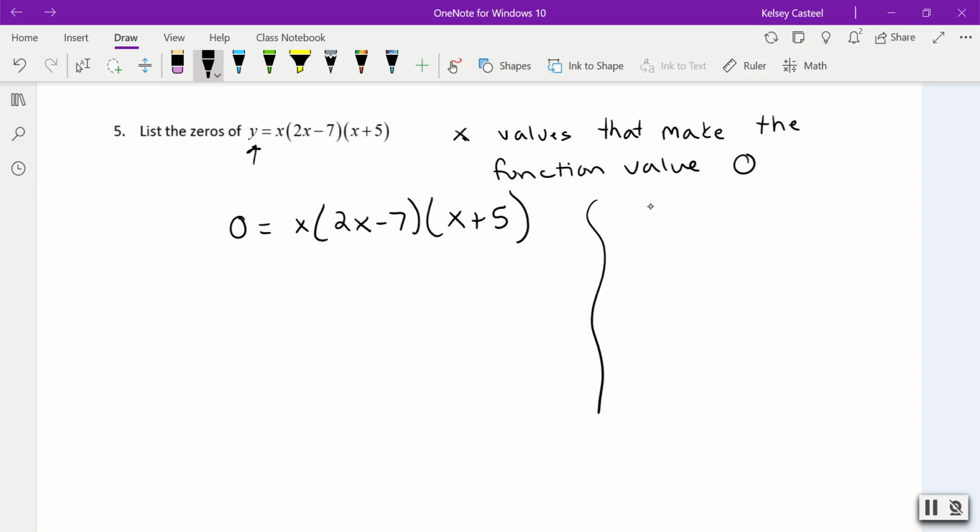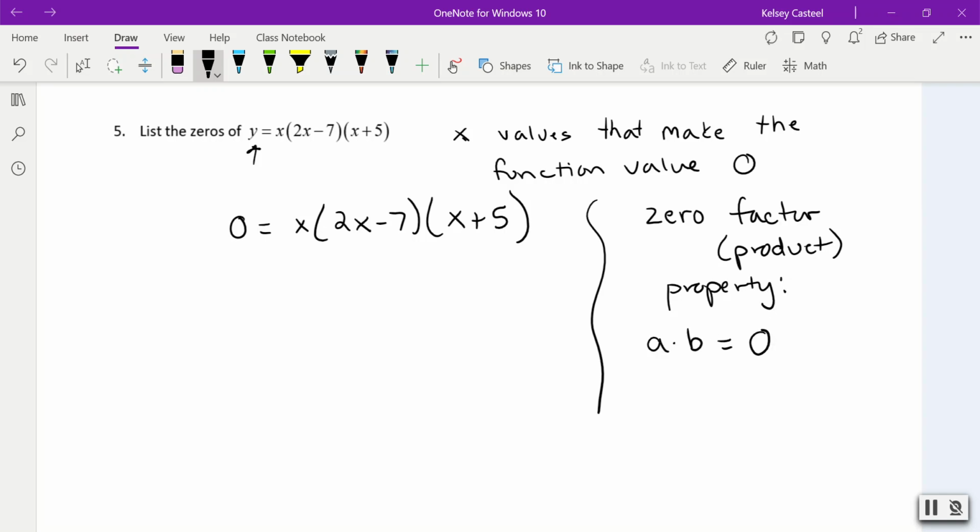And we can bring in the zero factor, or some people say zero product property, which says if I have two real numbers a, b, and I multiply them to get 0, and again, if a and b are real numbers, then the only way I can get this to happen is either a is equal to 0 or b is equal to 0.